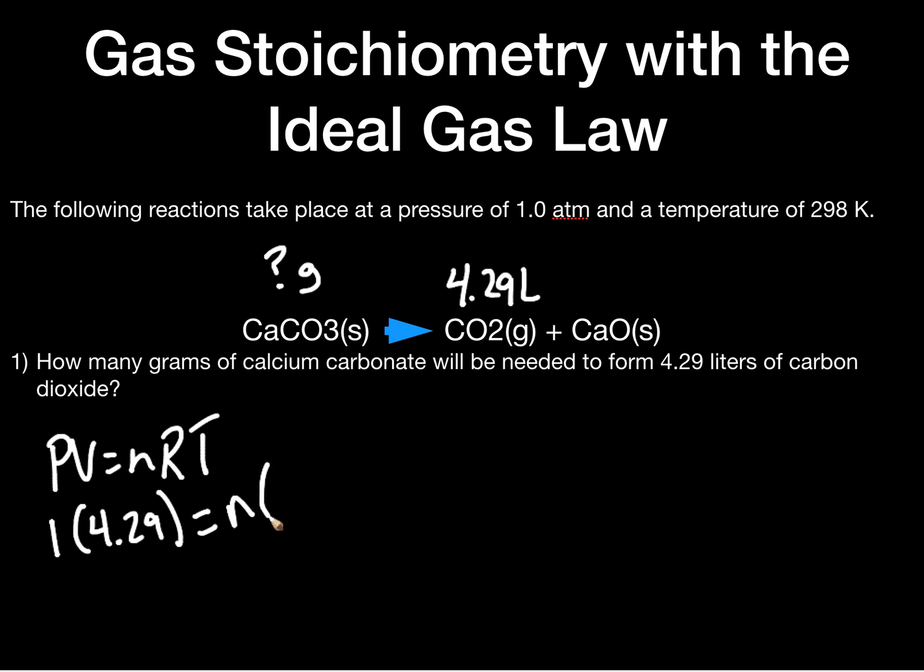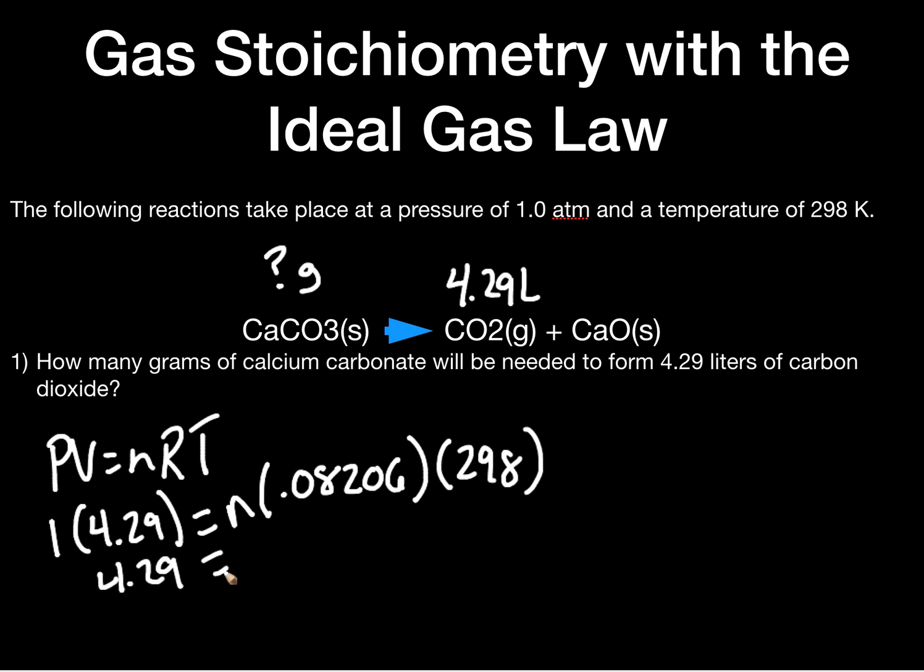So, gas constant 0.08206 because our pressure unit is in atm. Temperature 298. So we have 4.29 equals 24.45 n. Divide both sides by 24.45.